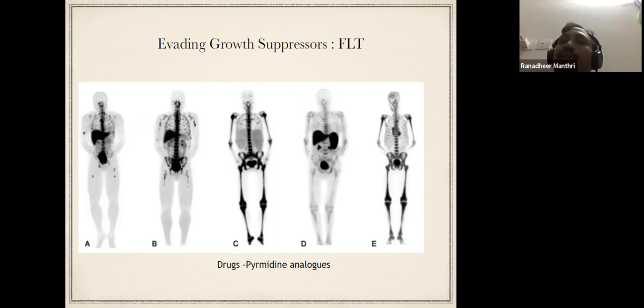Here it is a normal distribution, and when we come here, there is gross splenomegaly in myelofibrosis, and you can see there is extramedullary hematopoiesis. Each one will show a different character, and this is more of hematology. I'll talk in the coming lectures about how each scan is to be interpreted.